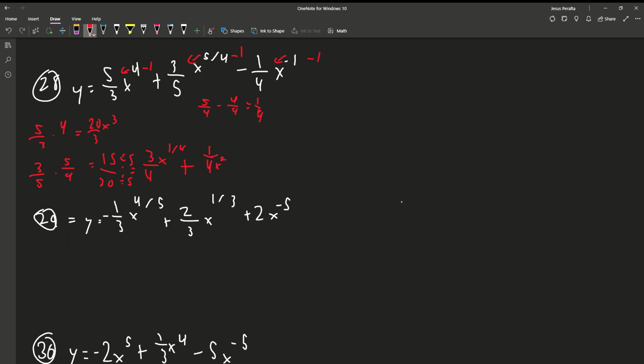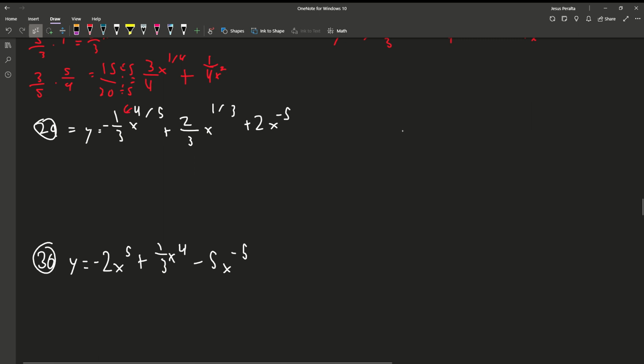So x to the power of 2, since it goes in the bottom. So then y prime is equal to 20 over 3 x to the power of 3 plus 3 over 4 x to the power of 1 over 4 plus 1 over 4x squared. 28. Yep. Okay.